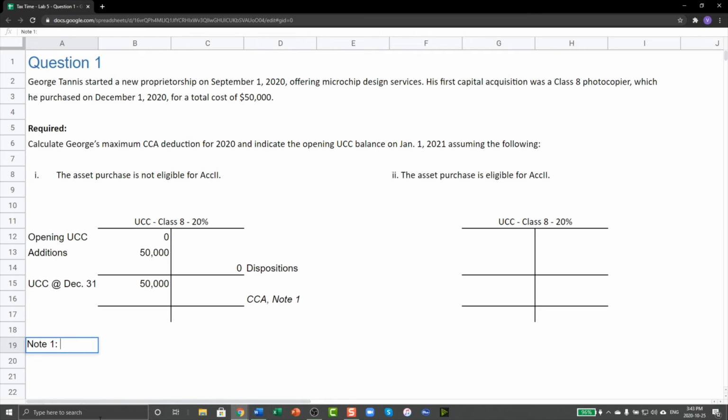So to calculate CCA, we start off with the opening balance of the account, and then to that we add 1/2 of the net additions. And that would have been 50,000, subtract our dispositions, which were 0, and all of that would get multiplied by 20%.